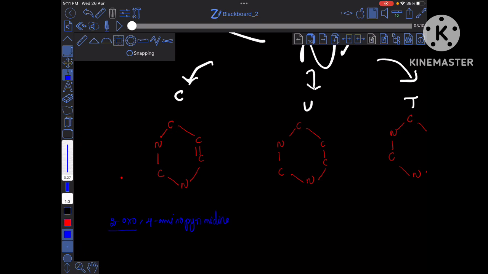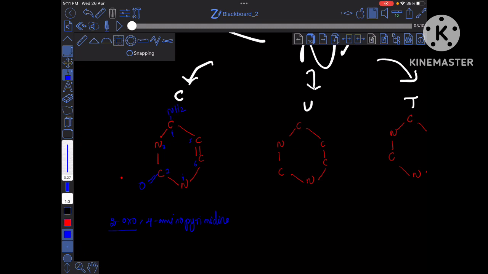So in the case of pyrimidine, we have to start counting from here: 1, 2, 3, 4, 5 and 6. In the second carbon position there is one oxo group, and in the fourth carbon position there is an amino group.